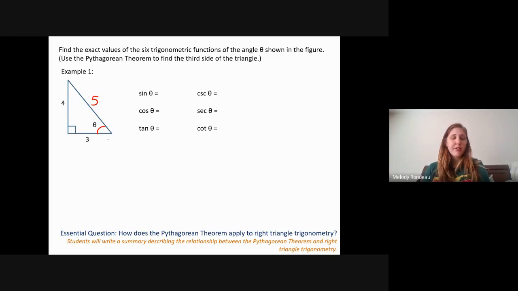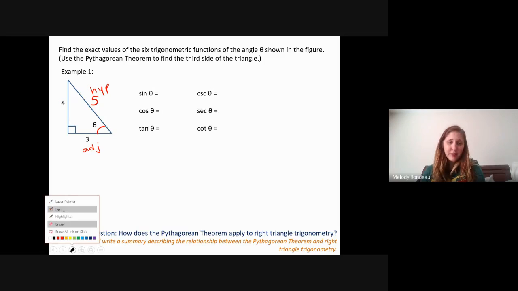Then I can go through and do all of my trig functions. So my angle's already marked. To help me out, I might mark this is opposite, adjacent, hypotenuse. If that helps you, go ahead and fill that in. Of course, I'm going to erase this because I'm not happy with my P's. They're not pretty enough.